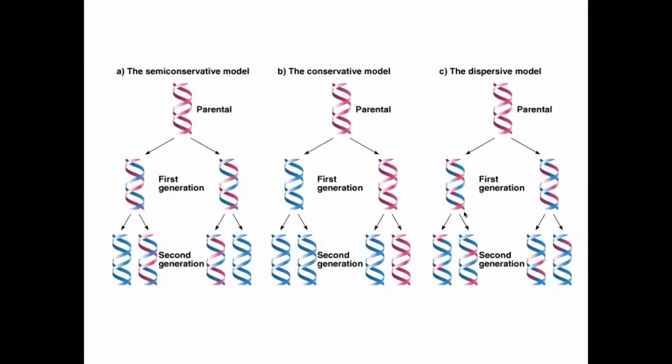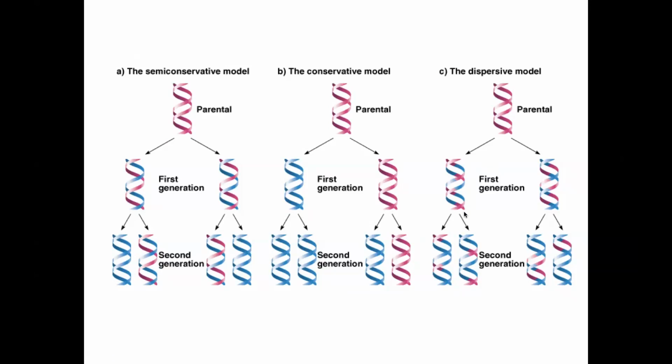And that's a possibility. It seems to add additional complexity to the overall process of replication, but at least it's a theoretical possibility. So they came up with three possible mechanisms for replication that they wanted to distinguish between experimentally. So how would you do that?